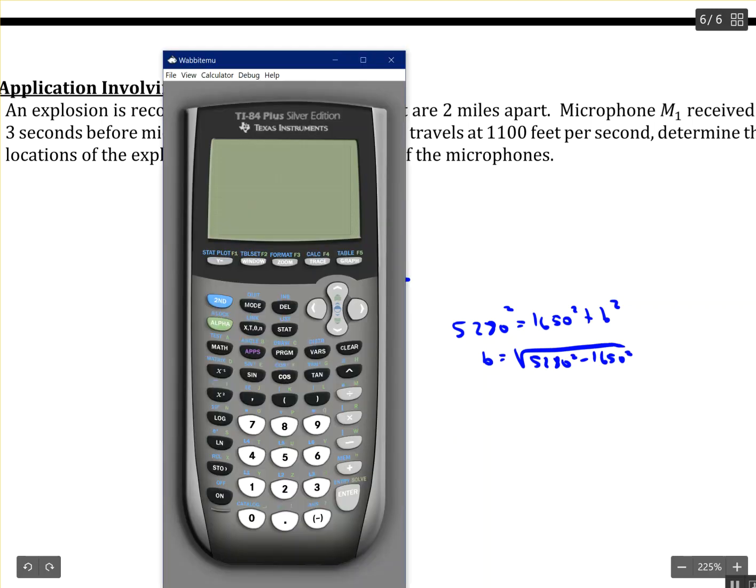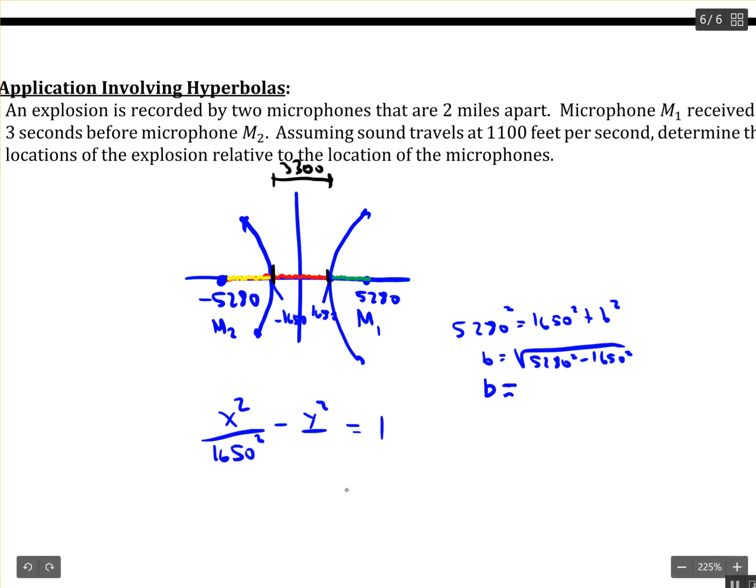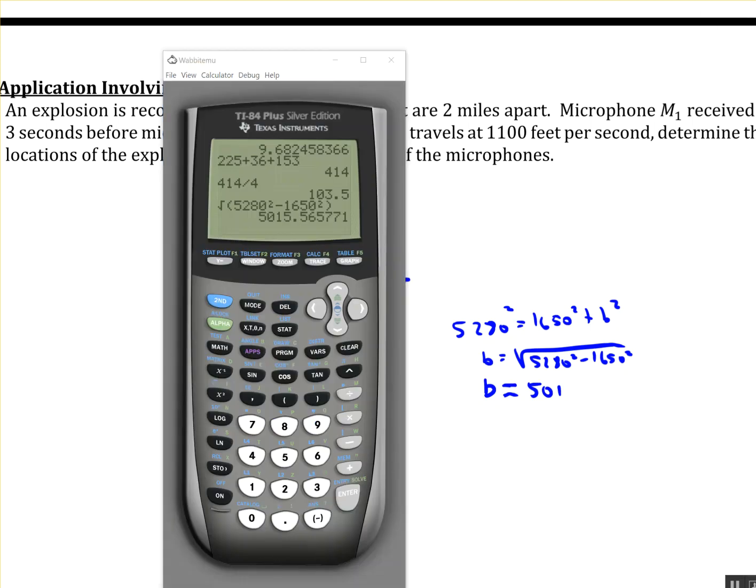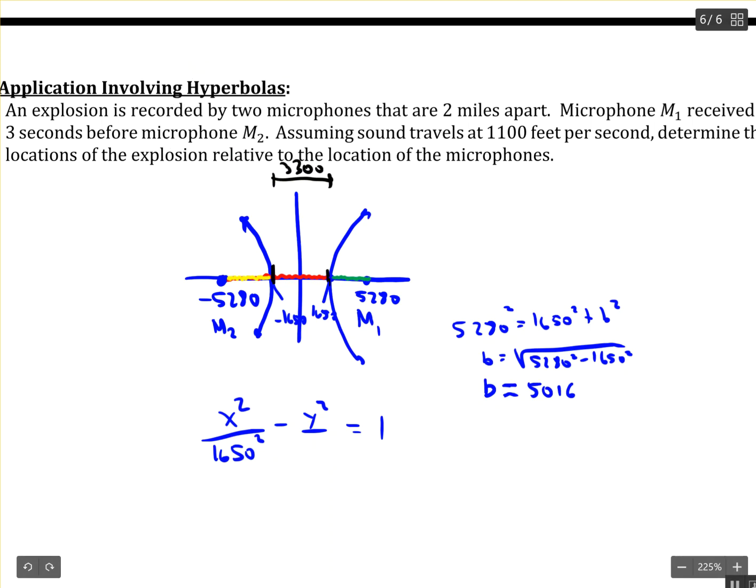So if you use our calculator for that guy, square root of 5,280 squared minus 1,650 squared, I get b is about 5,015. Let's see, did I round properly? 5,016 if we round properly. All right, so 5,016 squared.